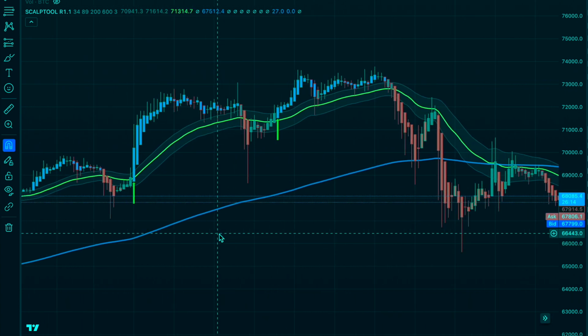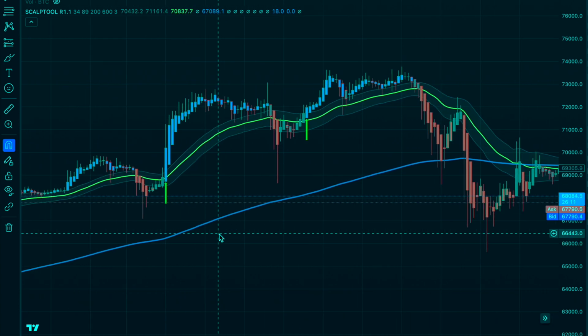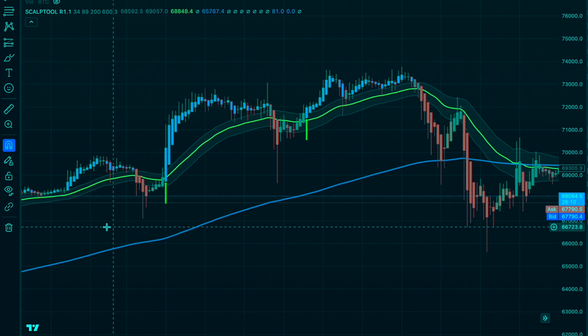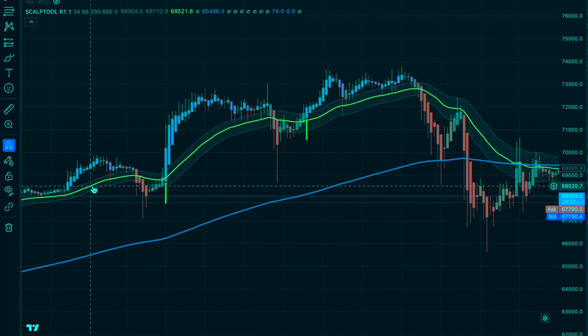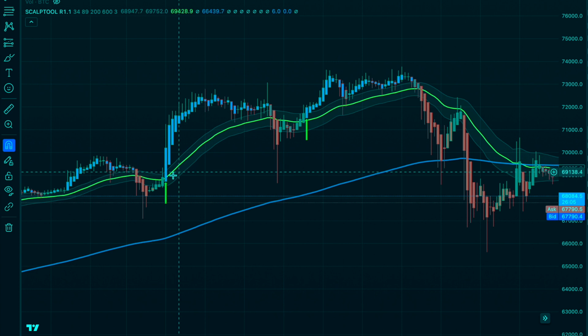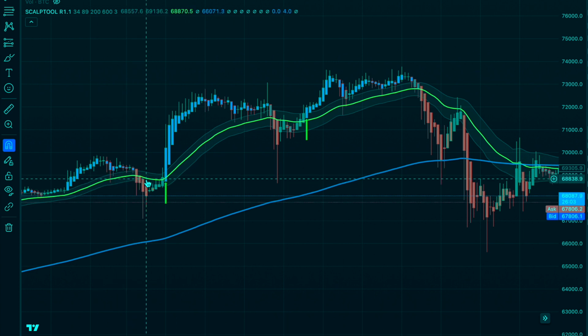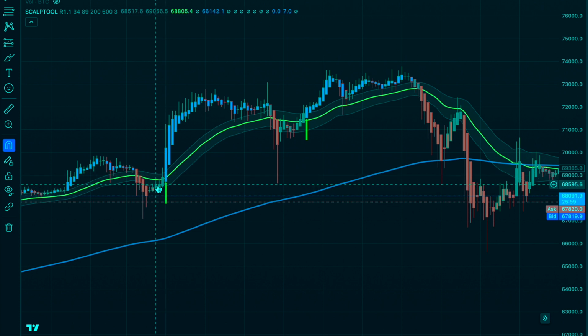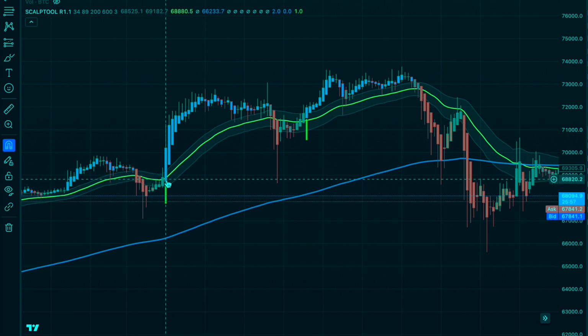So how do we use this indicator for making buying and selling decisions? First of all, this is the trend, which is the 34 EMA that we're going to be using. The cool thing about this indicator is that it changes the bar colour based on it crossing this trend. Here we have Bitcoin crossing the trend and getting a nice big candle.